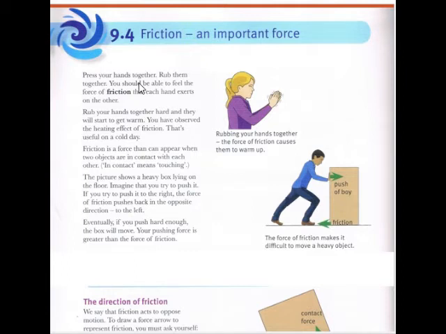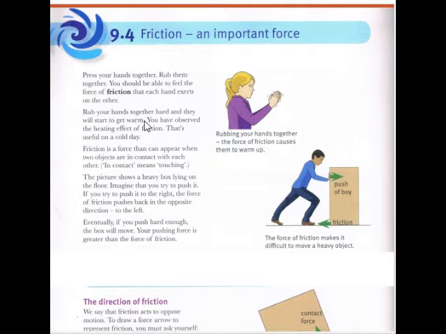You should be able to feel the force of friction, students. For example, look at this picture. There is a girl rubbing her hands together. Okay, students, rub your hands together hard, and wait several seconds.